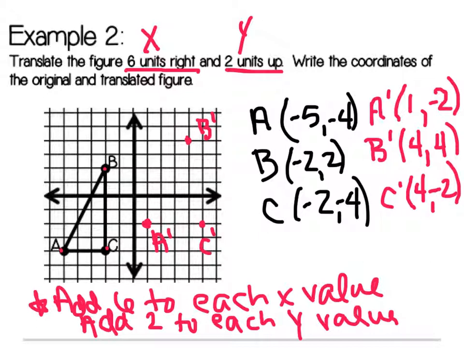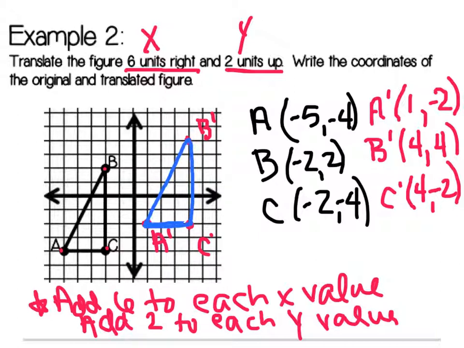Notice that in our image, the orientation is the same. The A is still to the left of point C. Oh, did I move too far? I did. Let me fix my C point. And then point B is still directly above point C. And they're each the same distance.